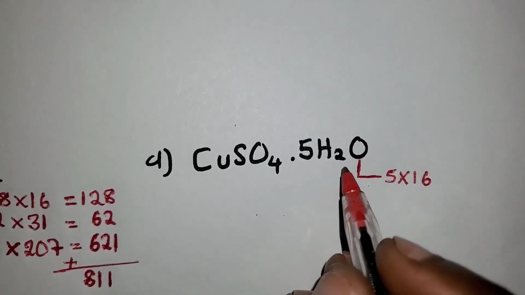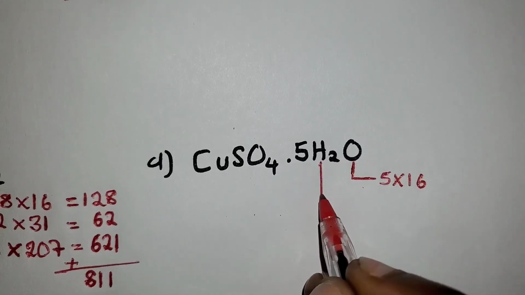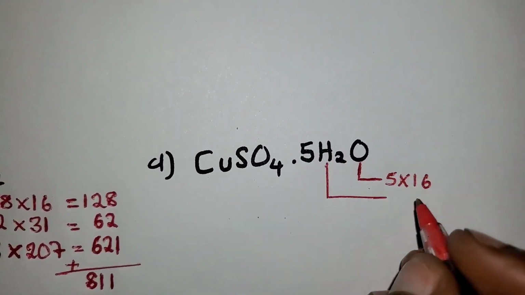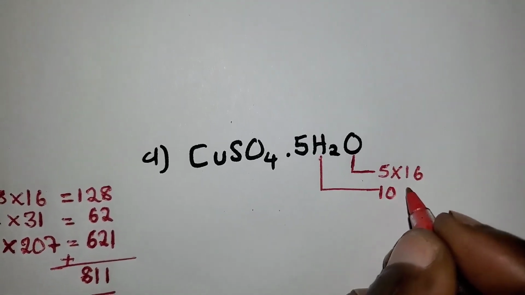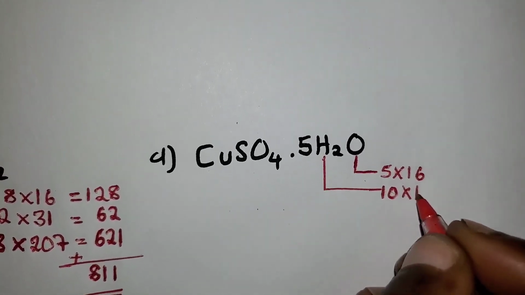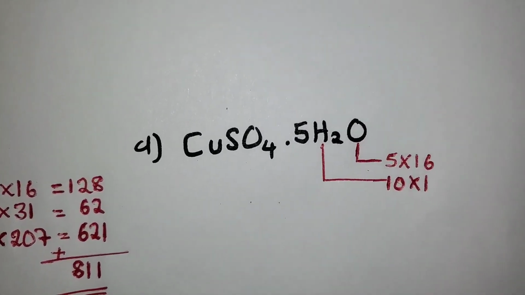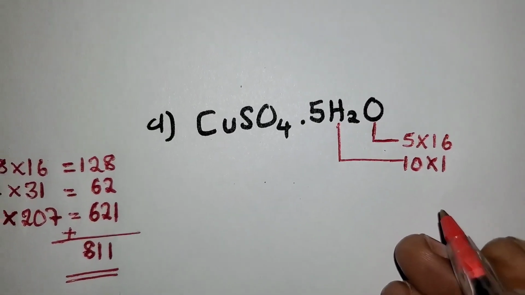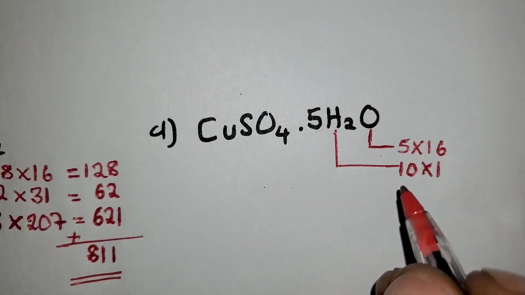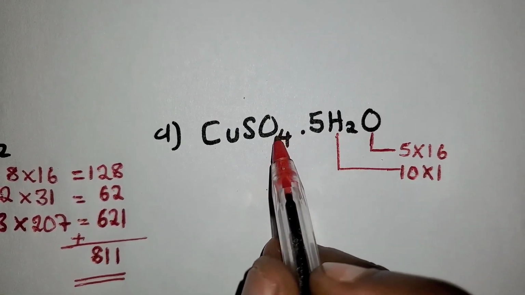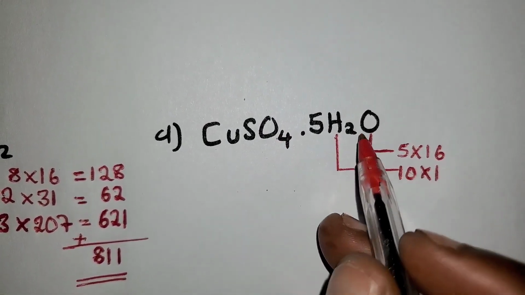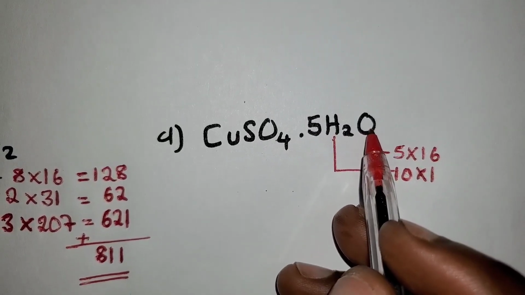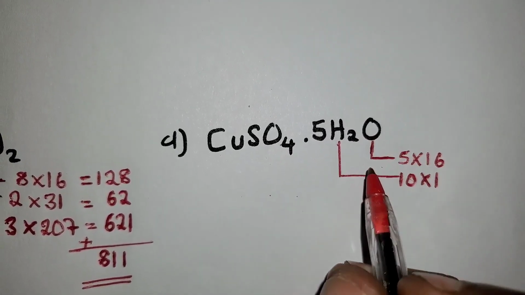Then we come to hydrogen. 5 times 2 is 10, so I have 10 times the mass number of hydrogen, which is 1. Oh, by the way, we also have this oxygen. Since it's 5 times 2, anyway, we can just solve it separately.